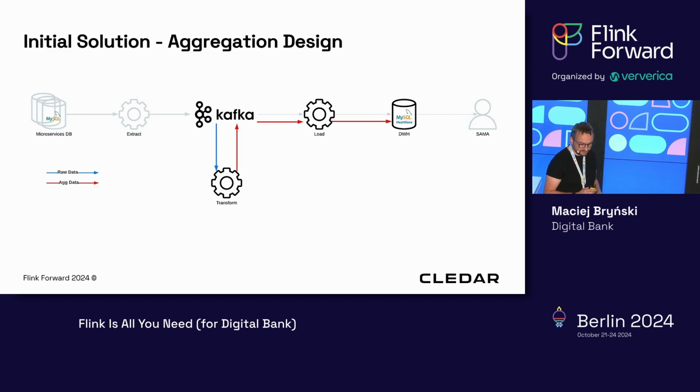And real-time transformation is also easy. So this is part of the data in our pipeline. We're reading raw data from Kafka, and data is already there from the extract job. And the red lines are the aggregation data path.